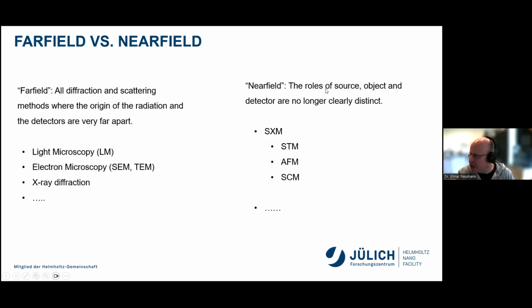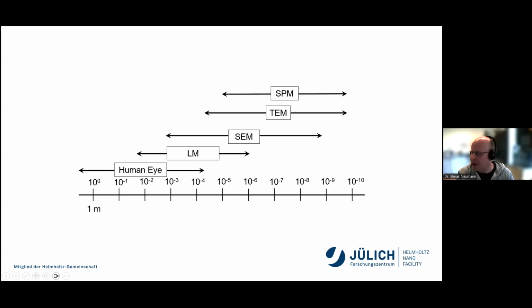But the near field, to which this AFM belongs, is where the roles of the source, the object, and the detector are not clearly distinct anymore, because you are so very, very close to your sample.